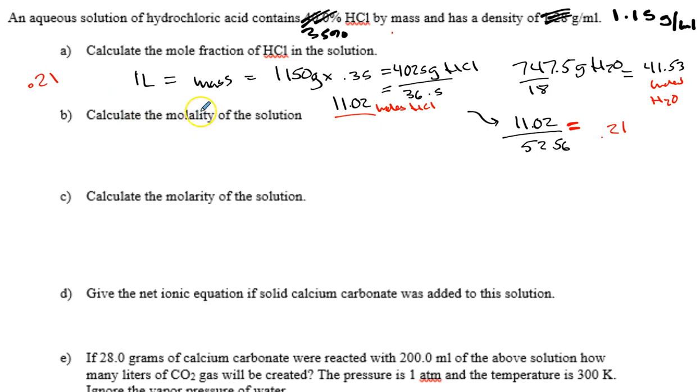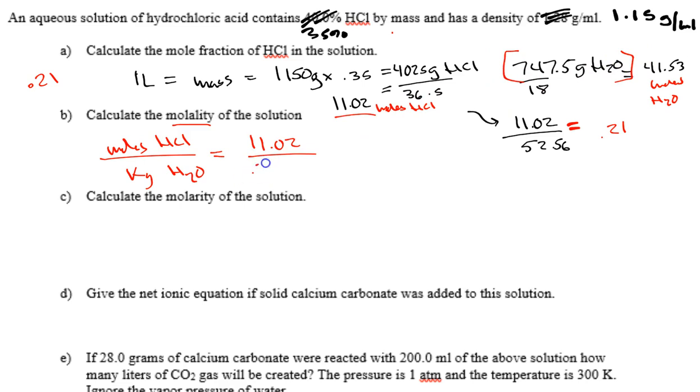All right, the molality, I need the moles of HCl per kilogram of H2O. So I have both of those. The moles of HCl was 11.02, and I can divide that by the kilograms of H2O, which I found to be right here.